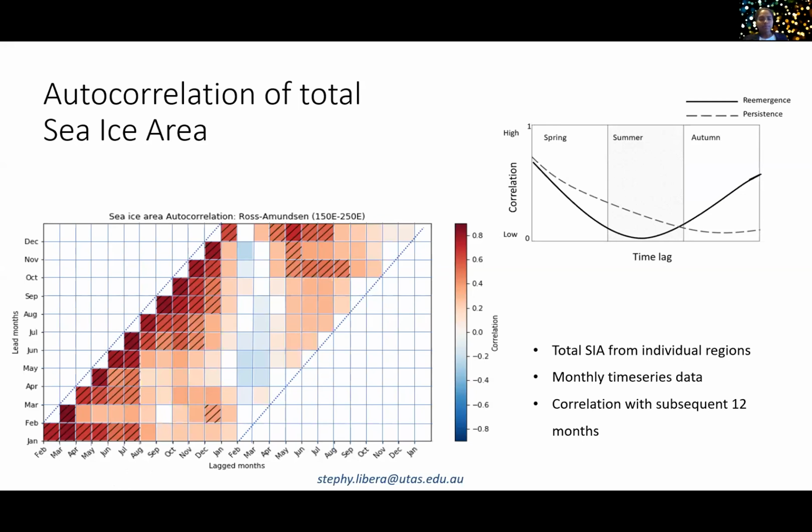Now, I've already mentioned the two main modes of predictability, so looking back at those two concepts. When we have persistence, we have a high correlation value that lasts for the first few lags and then slowly fades away.